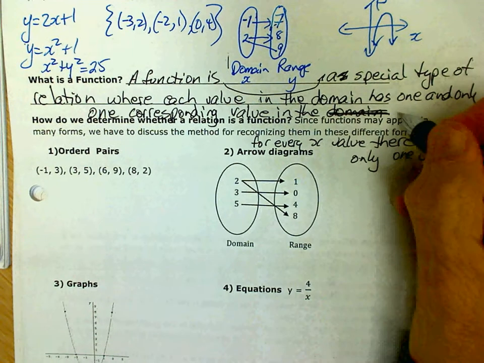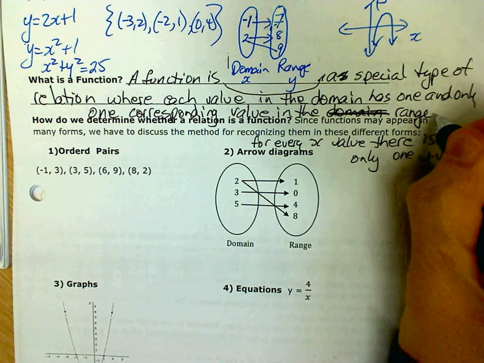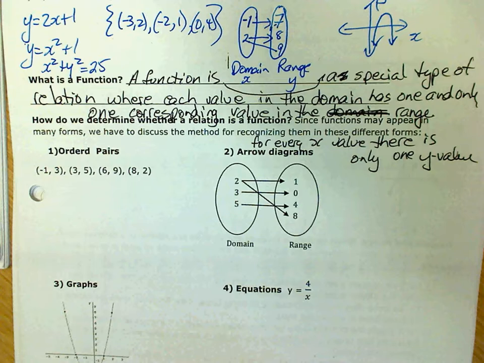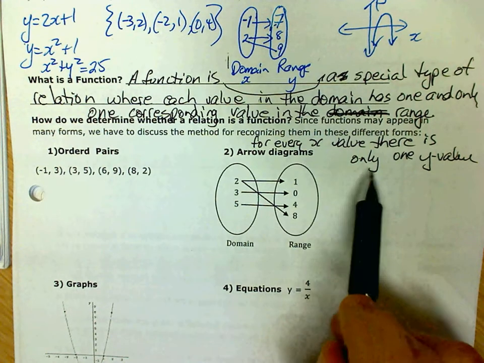So in other words they're saying for every x value, there is only one y value.